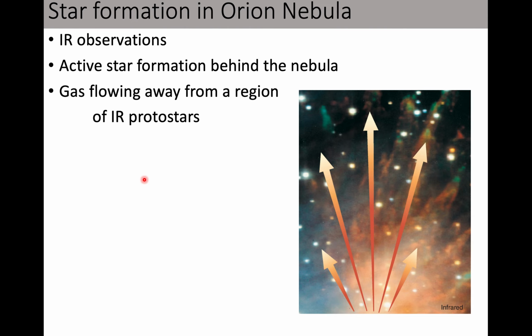We're also able to see that gas is flowing away from the region of protostars. So that's why these arrows are here. We're actually able to look at the motion of the ISM. So how are these gases and particles moving within this nebula? And how are they moving relative to where we know there are protostars, where we know there's star formation.